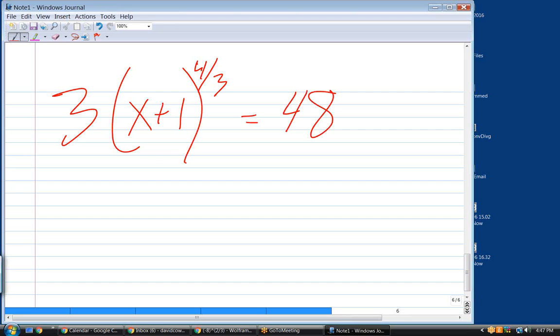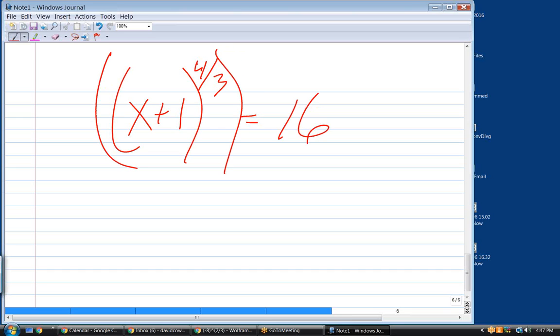So what's the first step here? Divide by 3. Okay, which makes 16. And then what? Then exponentiate the 4/3 with the reciprocal. Okay, and that gives us x plus 1 over here. What's 16 to the 3/4?